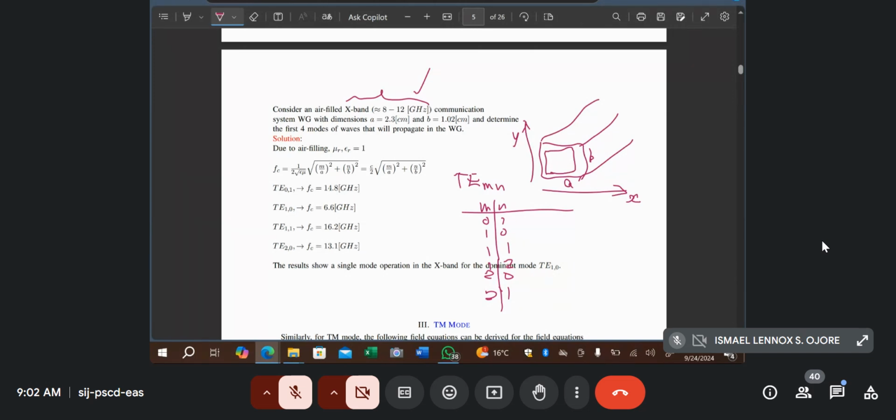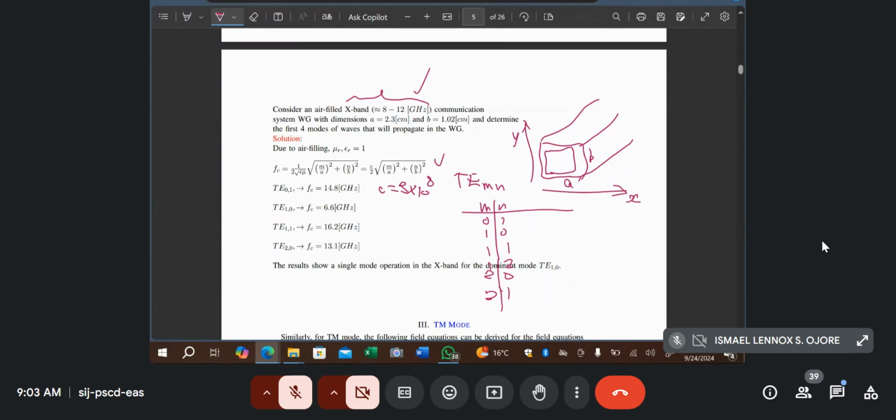And let's compute the first one, TE01. Can you confirm if you're able to get that value? TE01 using this equation here. So we have said that m is equal to 0 and n is equal to 1. Because mu r and epsilon r is equal to 1, you can use the conventional value for C, 3 times 10 to the 8 meters per second.